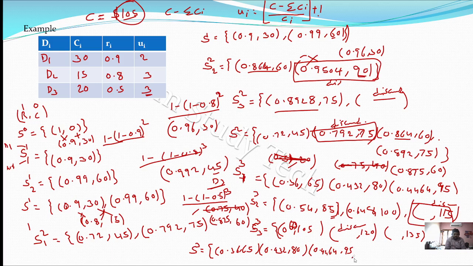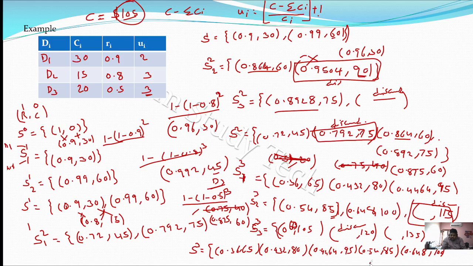You can write here it is 0.5485, here it is 0.648 comma 100. Next here it is 0.63105. So you can see here it is 0.63105, but here 100 also you can get the reliability 0.648. So you can discard this one.